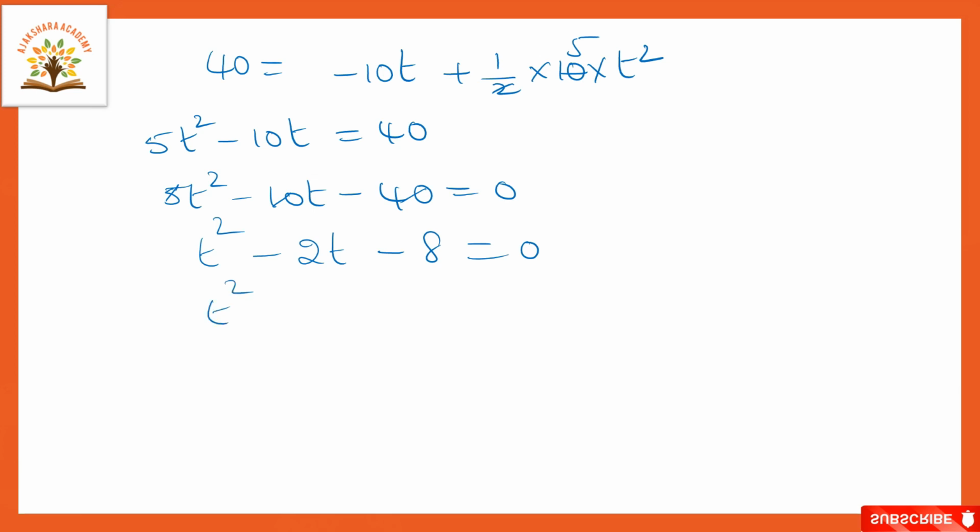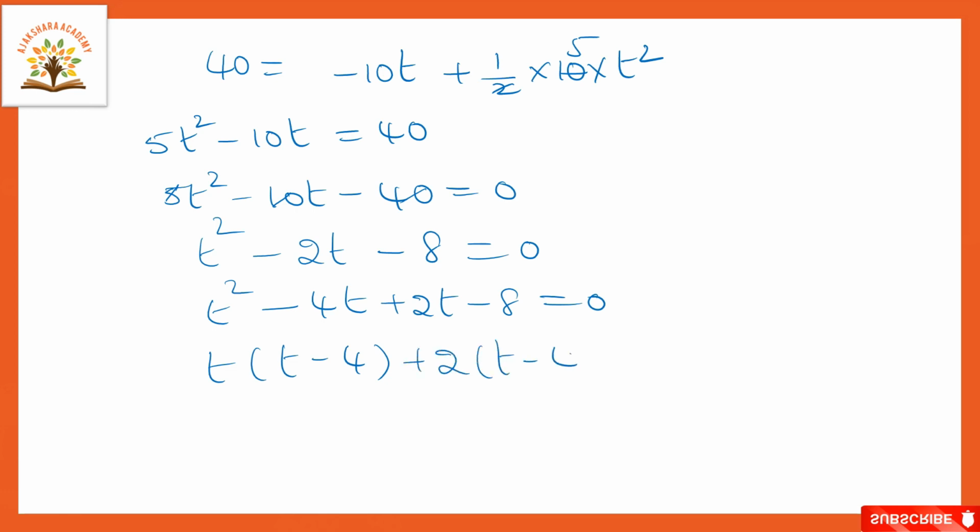Splitting the middle term of minus 2t: t square minus 4t plus 2t minus 8 is equal to 0. Here t of t minus 4, and here 2 can be written as 2 of t minus 4. So here the common factor is t minus 4. So t minus 4 of t plus 2 is equal to 0.